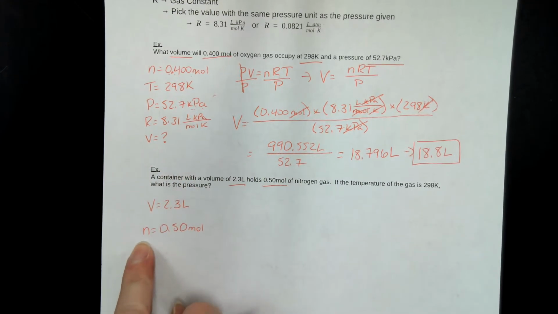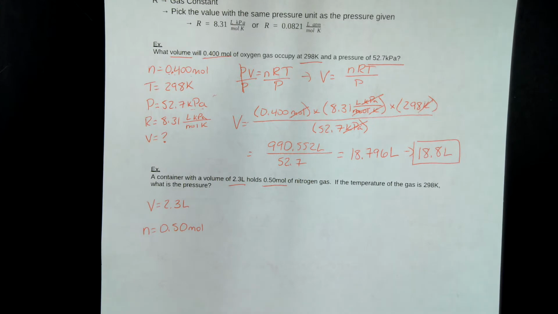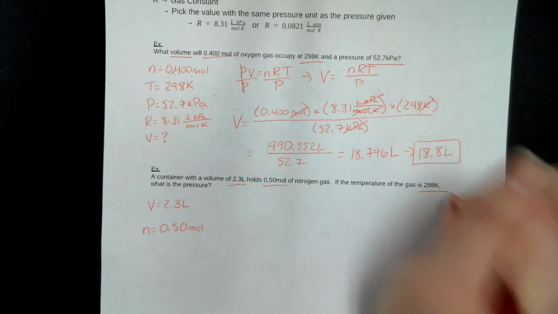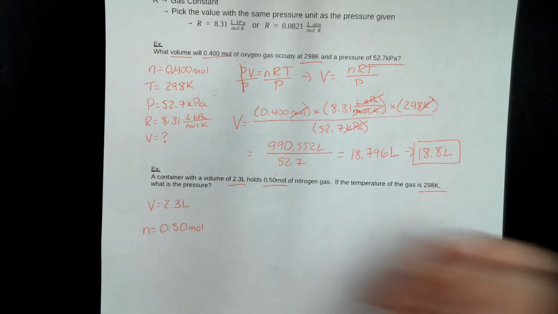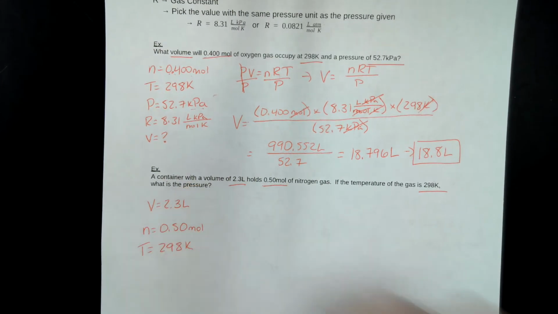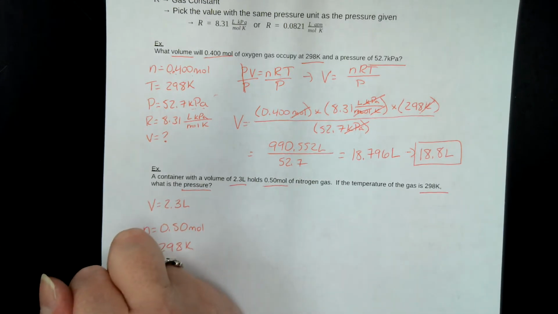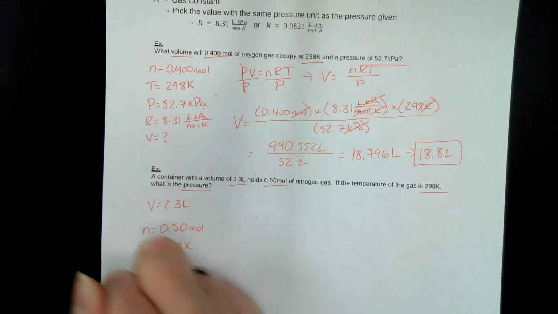That's going to be N, because moles is the unit of N. If the temperature of the gas is 298 Kelvin, so T, 298 Kelvin, we want to know what is the pressure. What is P?